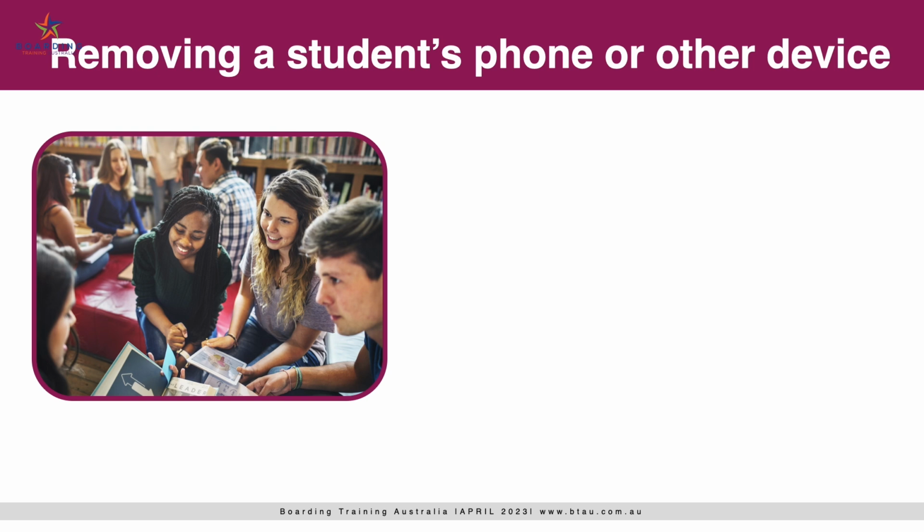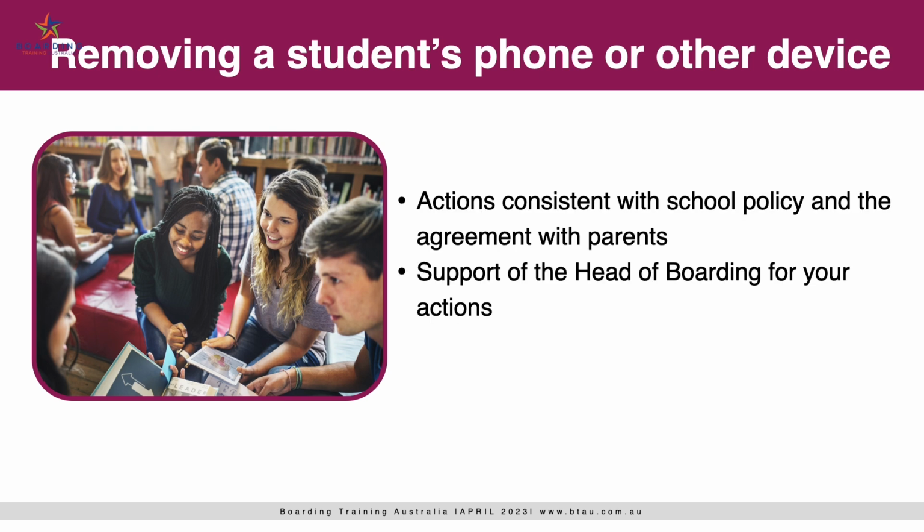If you're going to remove a student's phone or other device, your actions should be consistent with the school policy, and there should be some sort of agreement with parents. You should have the support of the head of boarding for your actions. And there should be reasonable grounds for your actions as well.